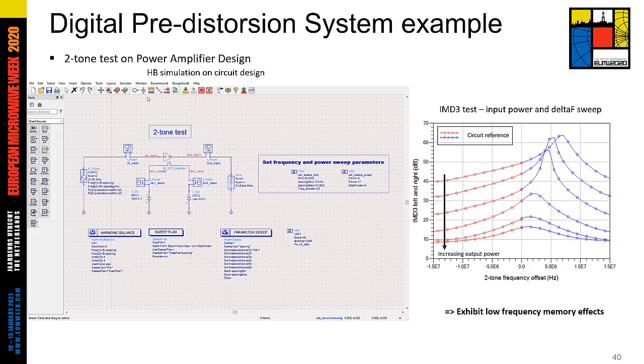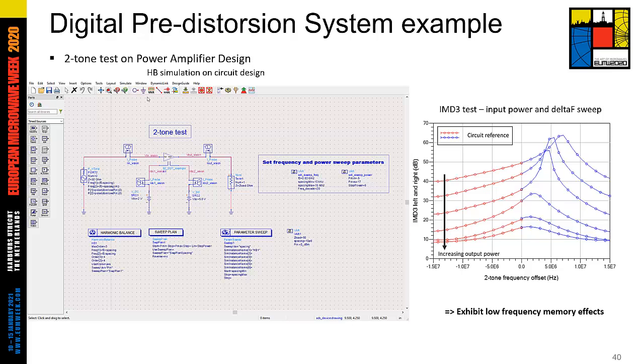To apply the Vision model, we use a reference design available in ADS, on which we perform a two-tone test. This graph shows the IMD3 response of the circuit for several input power levels, and for different spacing between the two tones.